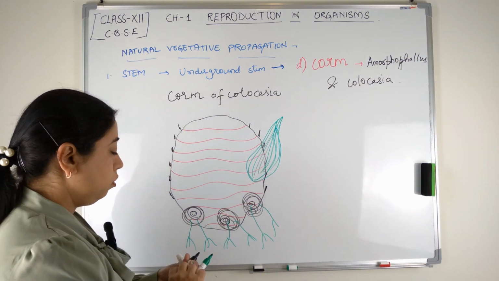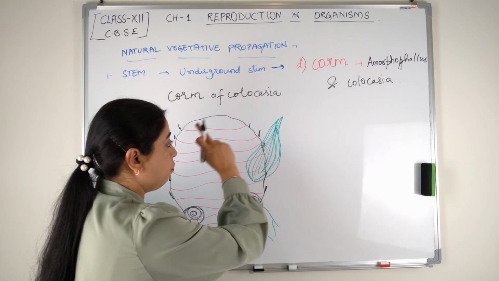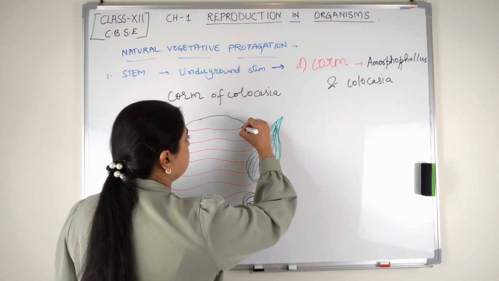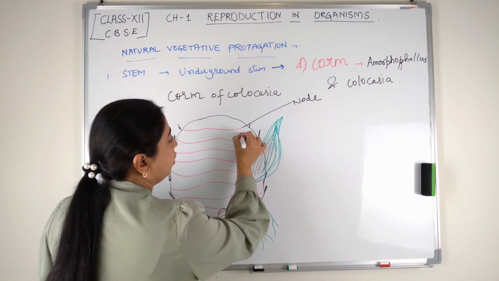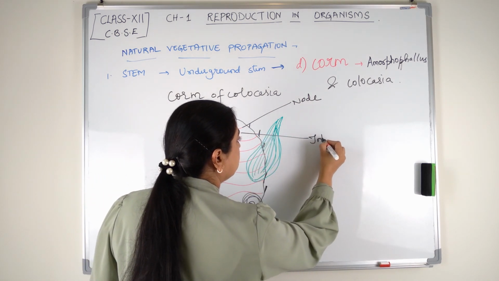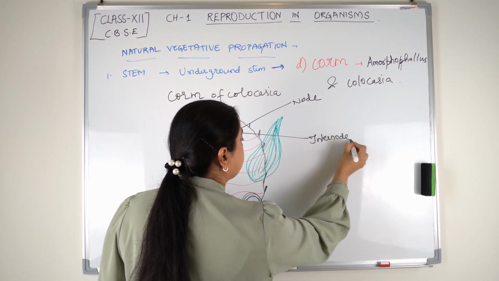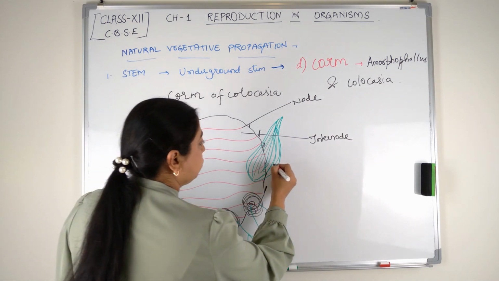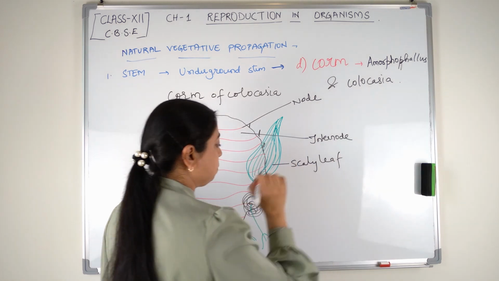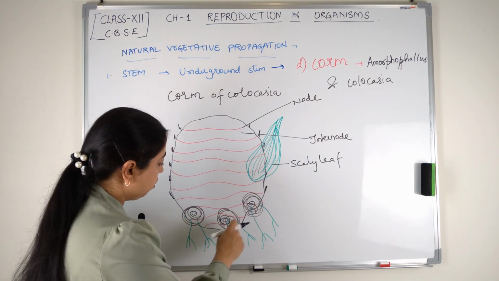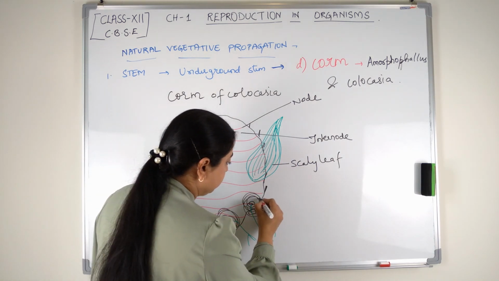So if this is a corm, it has a large number of nodes, then internode. This is scaly leaf. These are daughter corms.